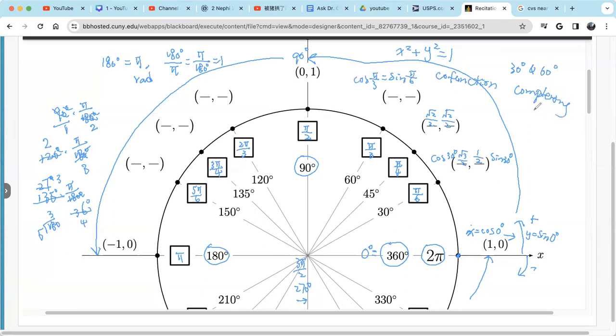Complementary angles form a cofunction. Cosine 60 or cosine pi over 3 equals sine pi over 6 or sine 30 degrees. That's why we just switch those two values. So cosine 60 is a half, sine 60 is root 3 over 2.